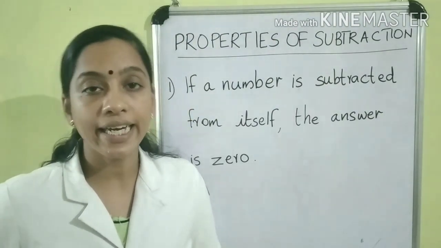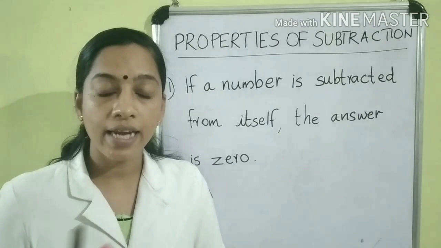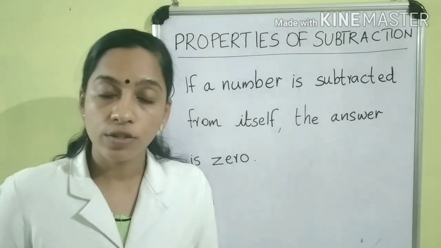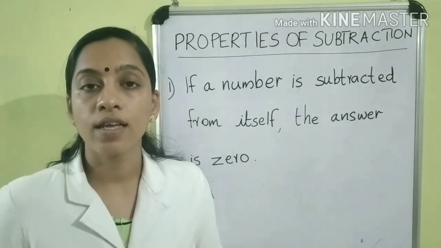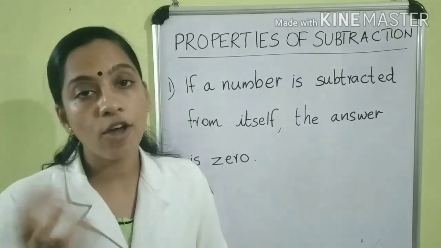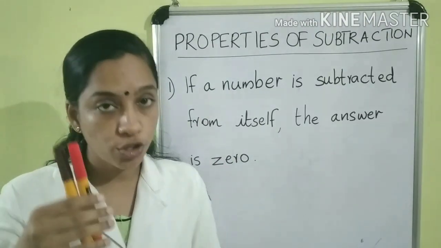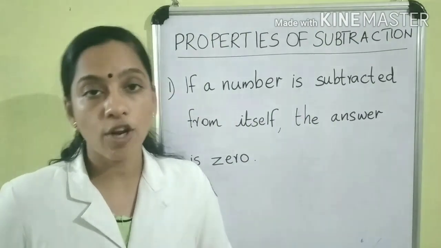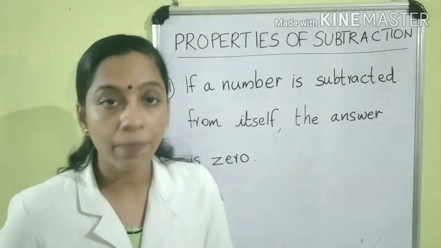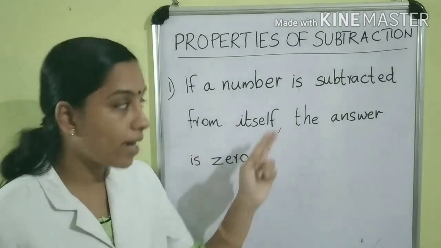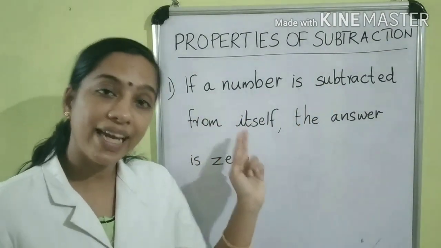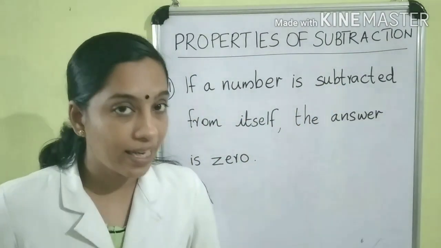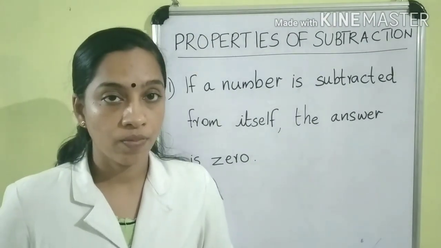I had already 2 markers. Then I took away 2 markers from this. Then we get 0 markers. That is 2 minus 2 is equal to 0. That is our property. That is, if a number is subtracted from itself, the answer is 0.